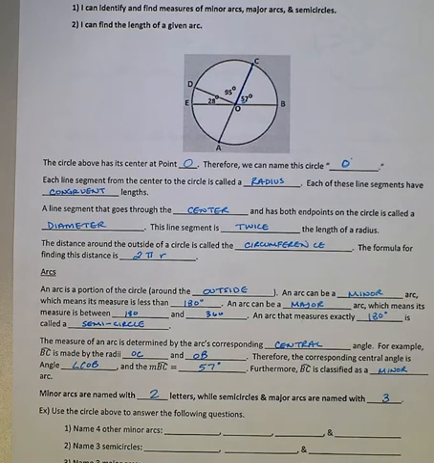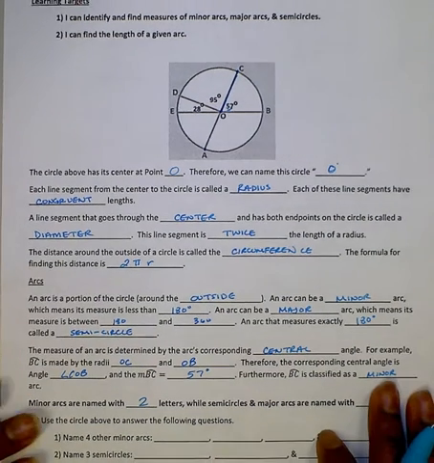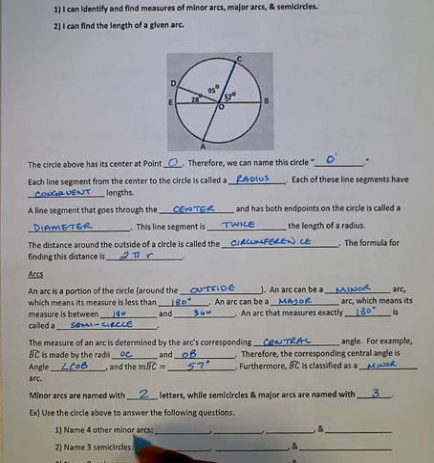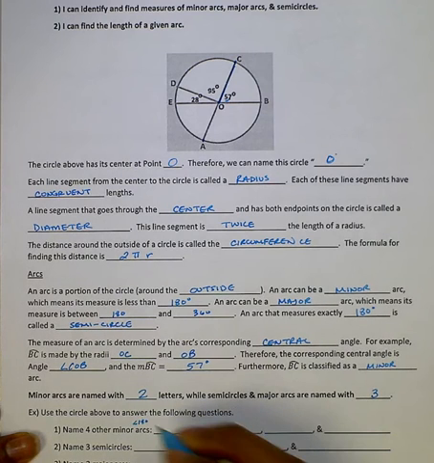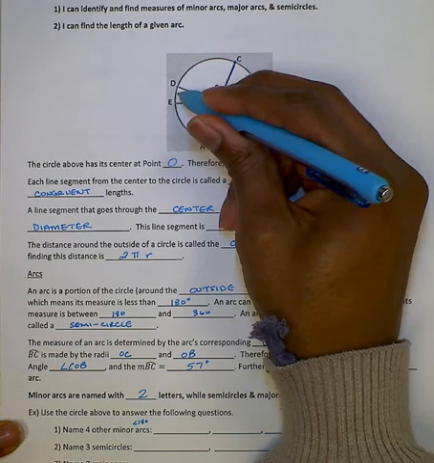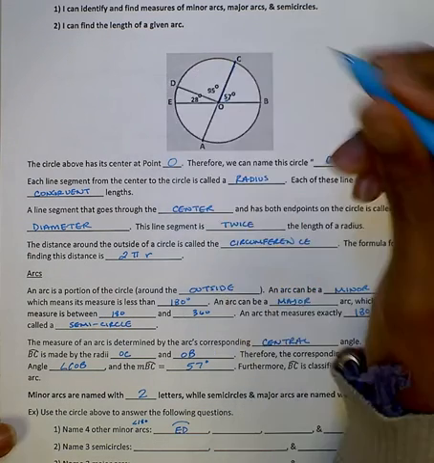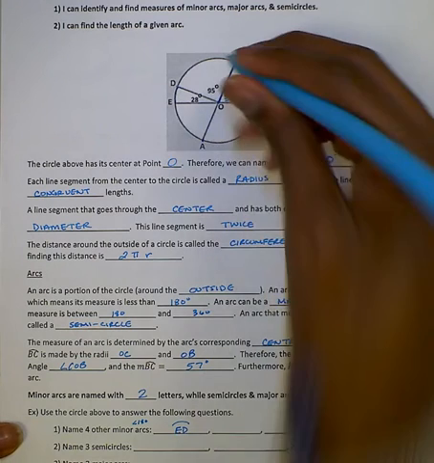So let's name some minor arcs and major arcs here. Let's name 4 other minor arcs. Remember, minor arcs means less than 180 degrees. So I could say arc ED. This arc is 95 degrees, so arc DC.